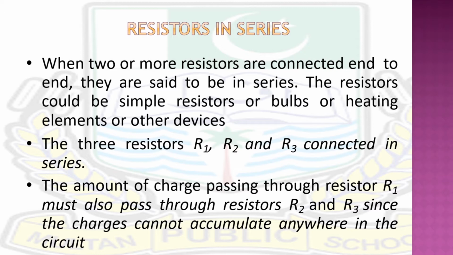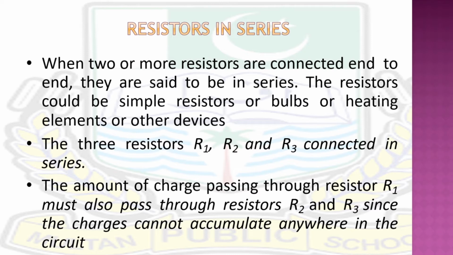Take three resistors, for example R1, R2 and R3, connected in series. The amount of charge passing through resistor R1 must also pass through resistor R2, and same with R3, since the charges cannot accumulate anywhere in the circuit.